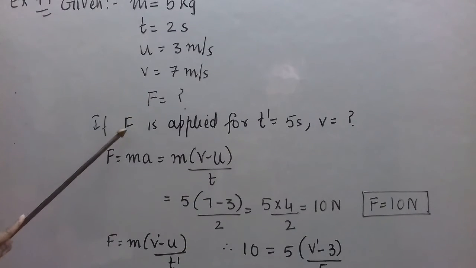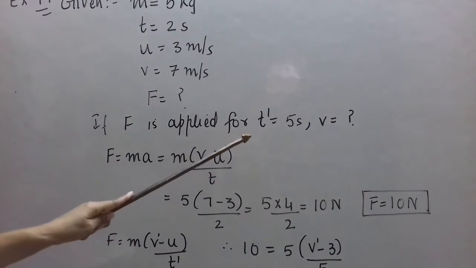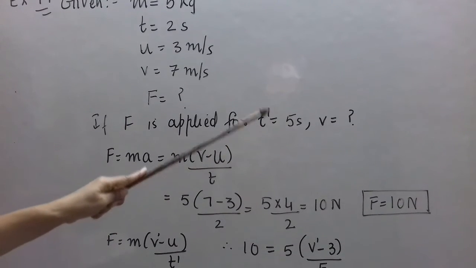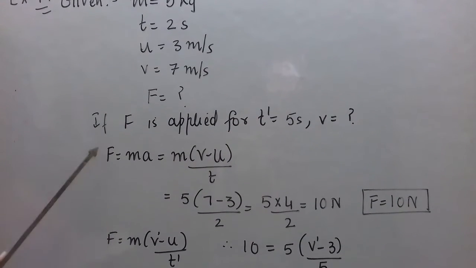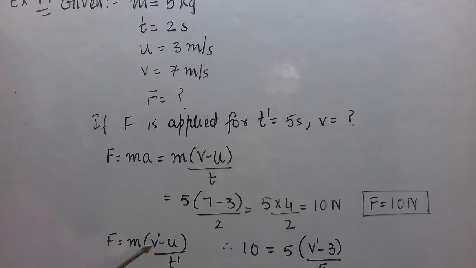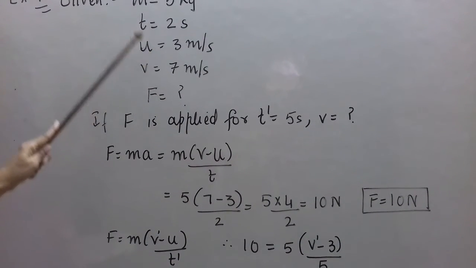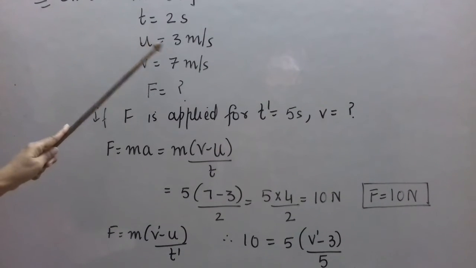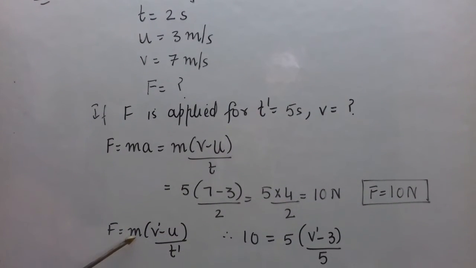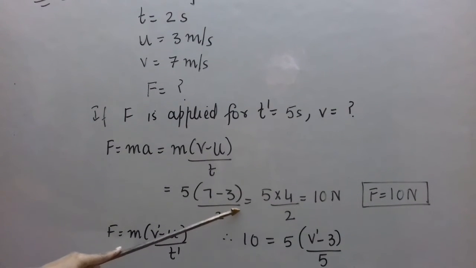Now the next part is, if force is applied for time 5 seconds, what is the velocity v dash? So write the formula once again, but in this case v dash and t dash; u will remain same. Okay, we have to continue with this only. The mass is same, u is same, F is same that we have got here, 10 newton.